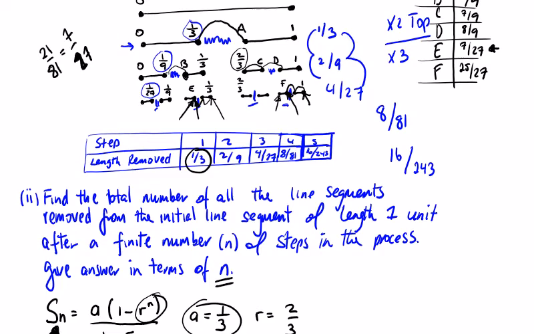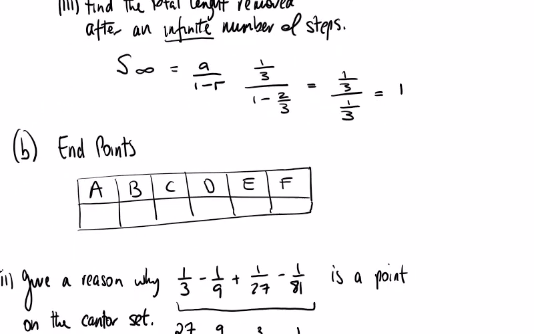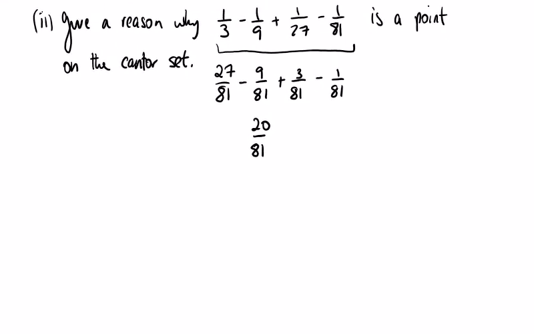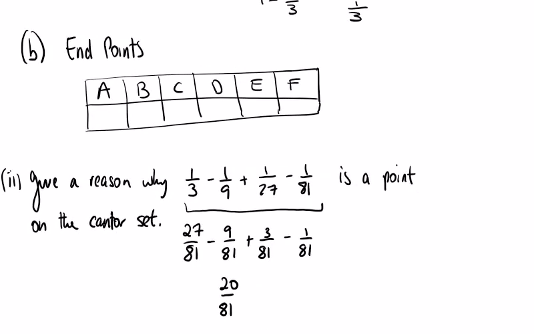So if we divide that one up into 3, we can see, let's just go down here. Point E was here, and it was 7 over 27. So if we divide that line up in 3, take the middle part out, and just go back up again and have a look.